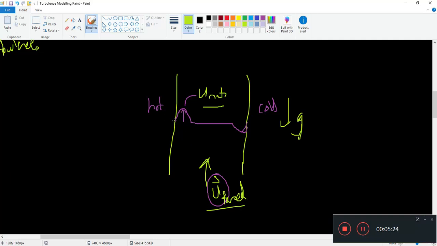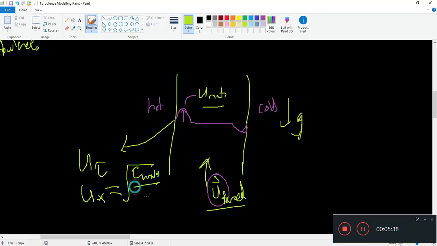To eliminate this dispute, we tend to use U tau or U star, which is the friction velocity, the square root of tau wall over rho.